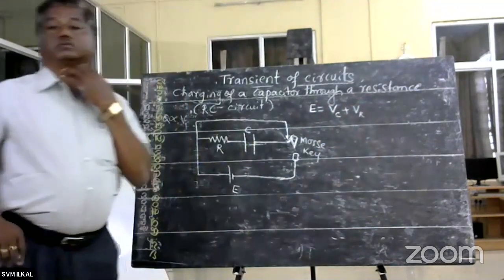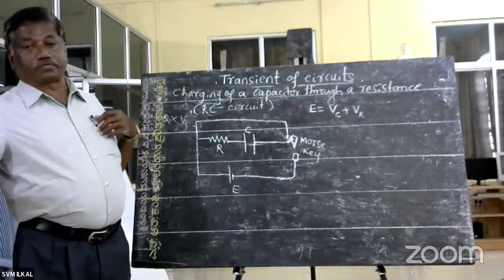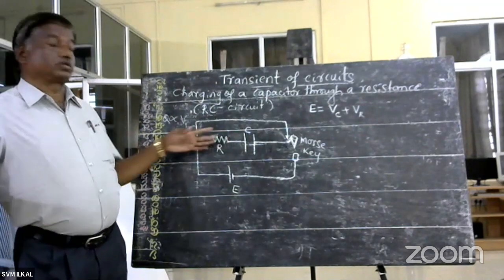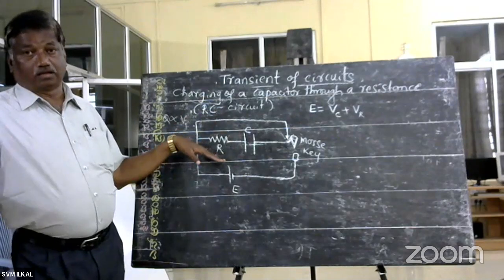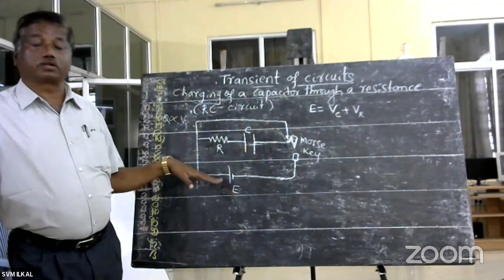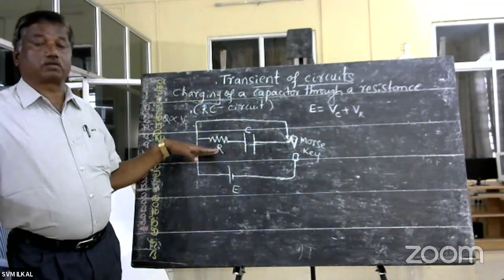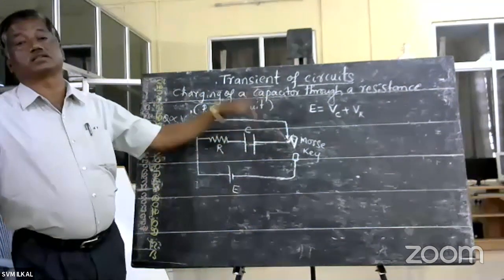You know, in a combination of resistances in the circuit, if two or more resistances are connected in series, and that combination is connected to a certain voltage, the voltage across each resistance is different as the resistances are different.